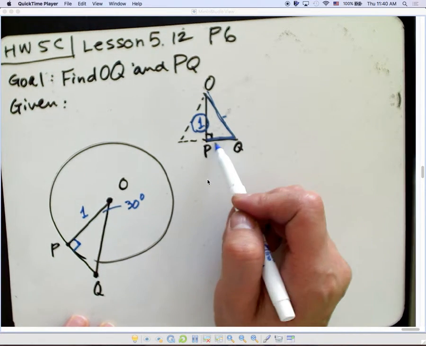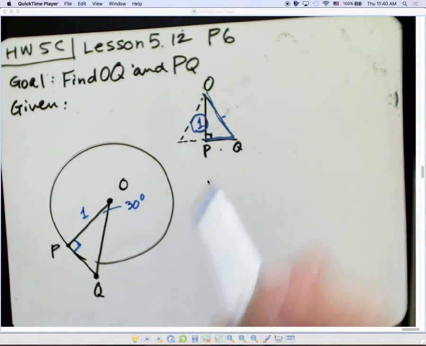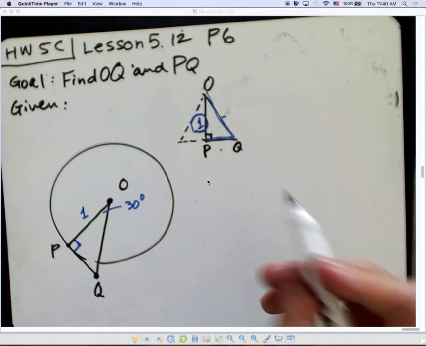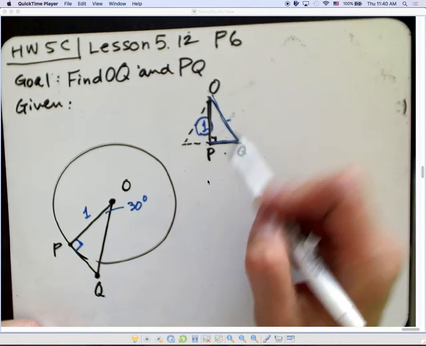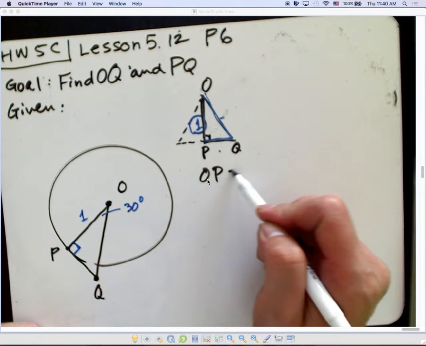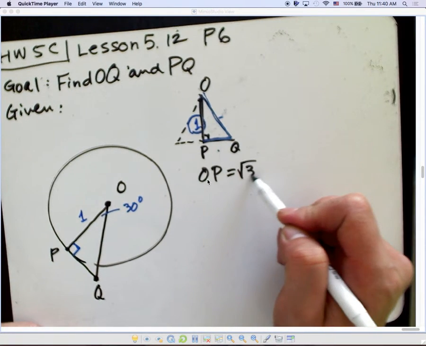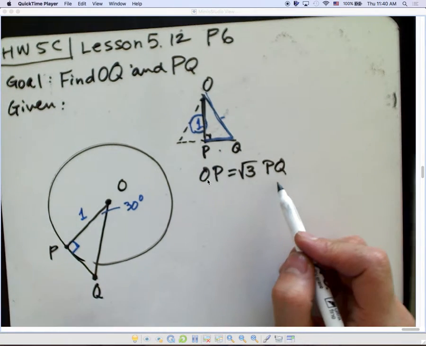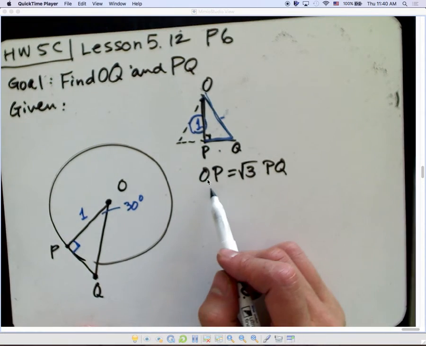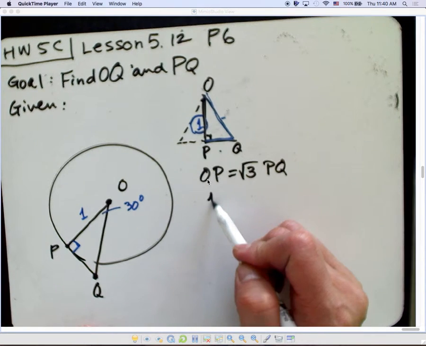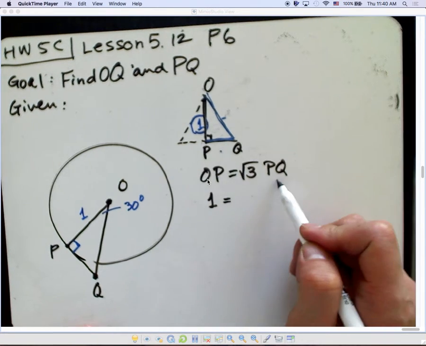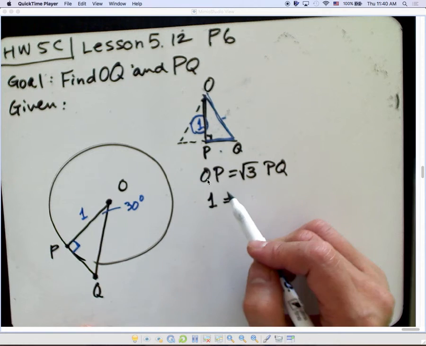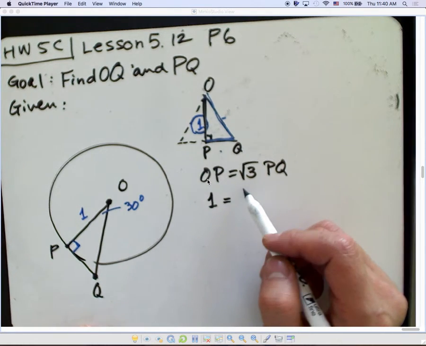And we know what OP is. OP is 1, and OP is square root of 3 times as long as PQ.